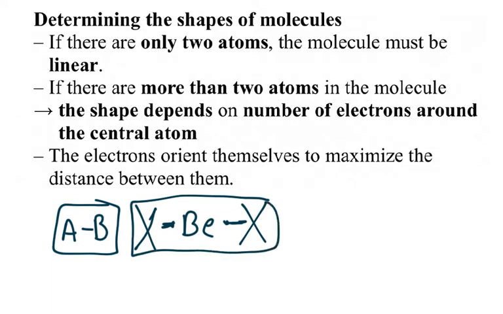Now, another example could be the element boron. Boron has three valence electrons. So how will the three orient themselves to be as far apart from each other as possible? Well, think about it. If those three dots that I drew, and I'm going to go ahead and erase this, were to orient themselves like this, notice that they are equidistant from each other.